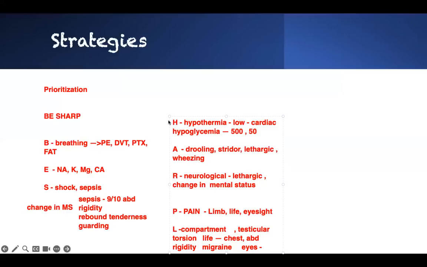So when you're answering questions on prioritization, you've got to be sharp. So in simple terms, how do you select your answers? Watch for your distractors. Make sure the answer choice is complete. Avoid absolute answers. Look for the bi-directional answers.